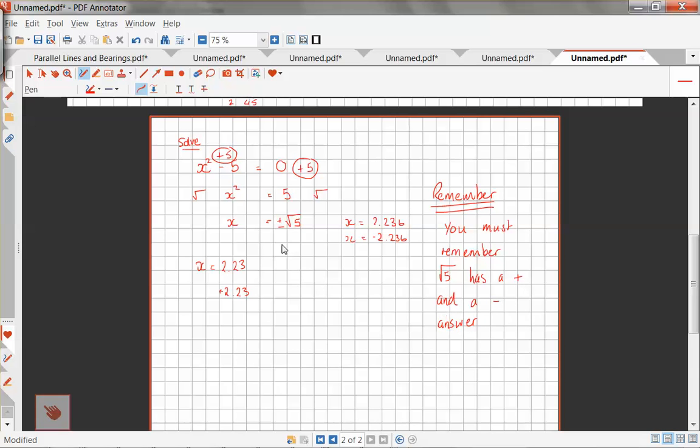On your graph it's very obvious that there are 2 answers. But when you do it algebraically, it only looks like one answer, square root of 5. If you do not remember that there is a positive and negative answer, you will get it wrong, or you'll lose a mark.